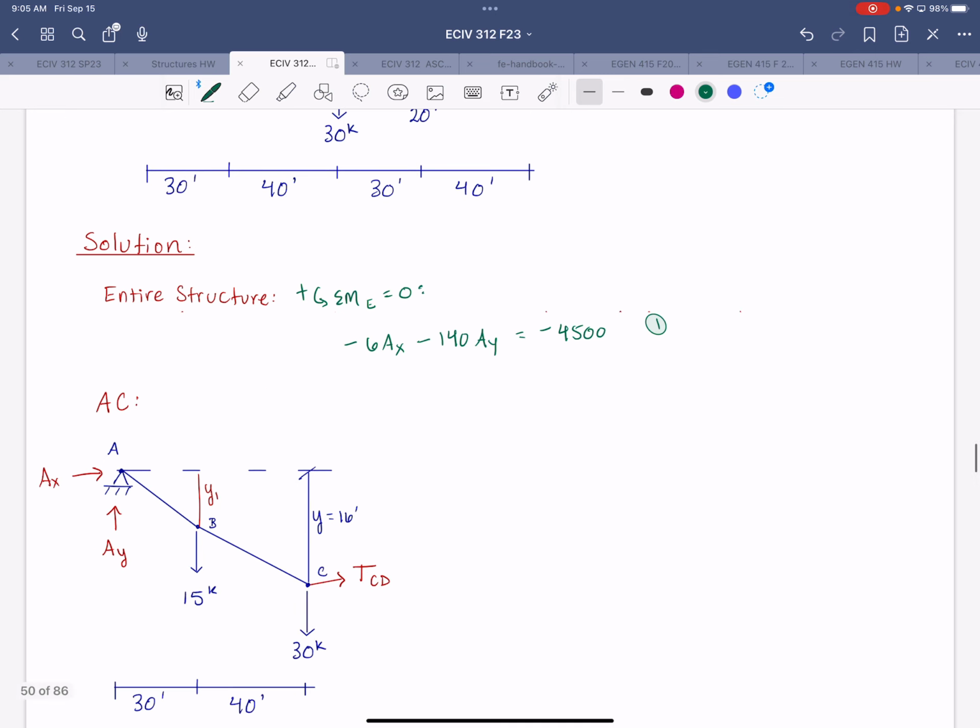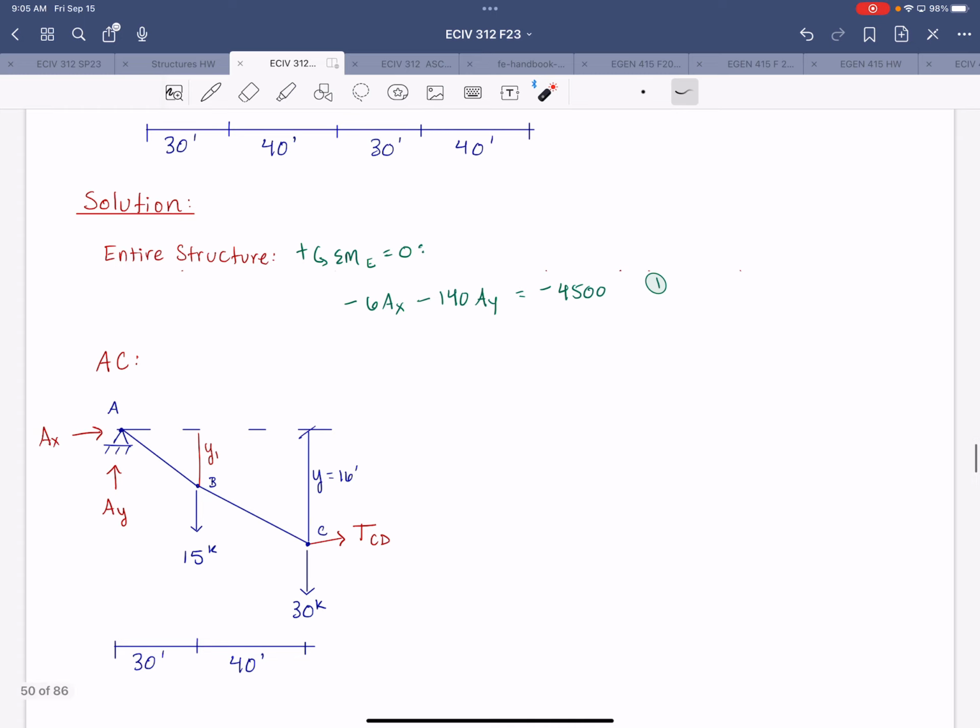Then, again, cutting through the structure at C, we want to use the left side of that cut because that also gives us AX and AY. So then we'll have the same 2 unknowns in a second equation. And so here we'll sum moments about C. And so remember, it's important to keep in mind that when you do make that cut, you technically are exposing the internal tension in member CD.